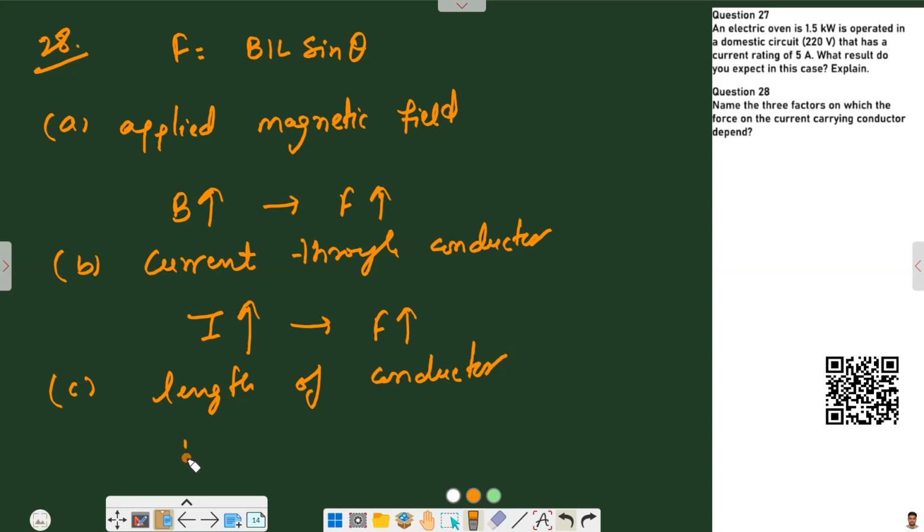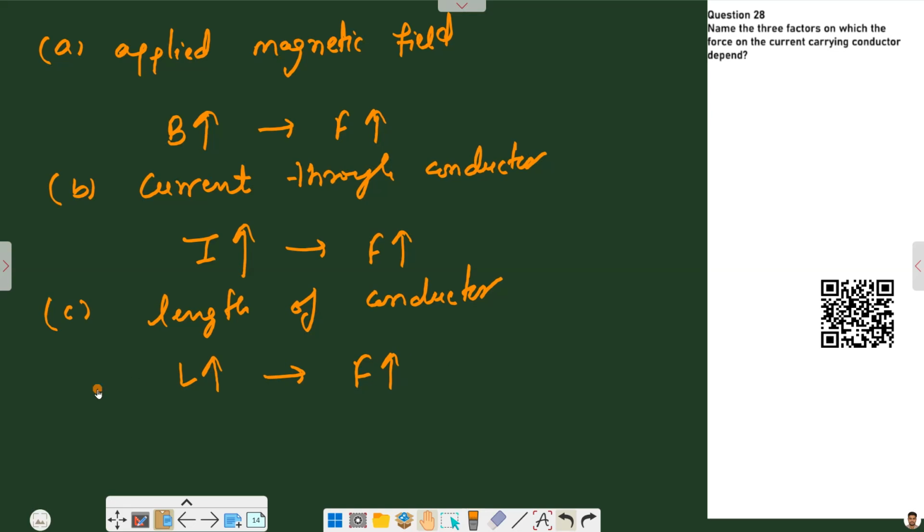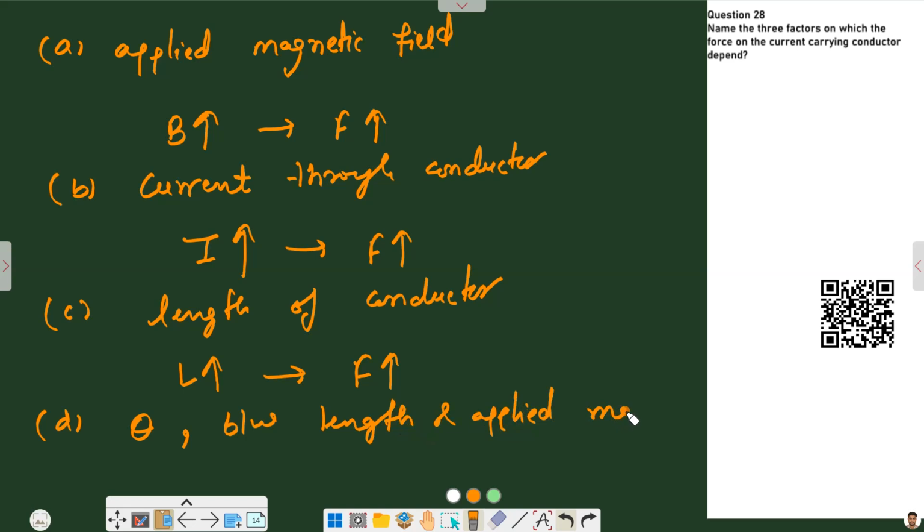And again, if value of length increases, then force will also increase. There is fourth one also, that is theta, and theta is between length and applied magnetic field.